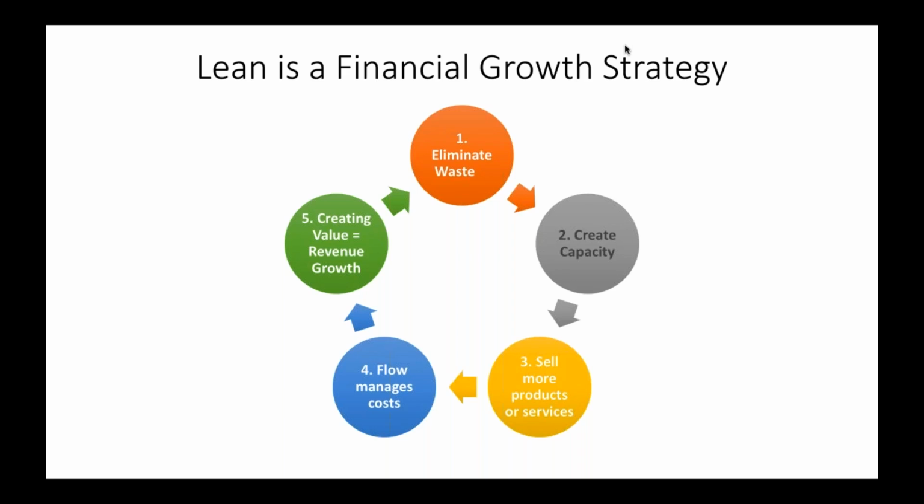Another aspect of lean is that managing flow manages your costs. And finally, we use all of this effort because we're trying to create more value for our customers or our clients, and we grow revenue. Lean is primarily a revenue growth strategy, and that's important to understand.